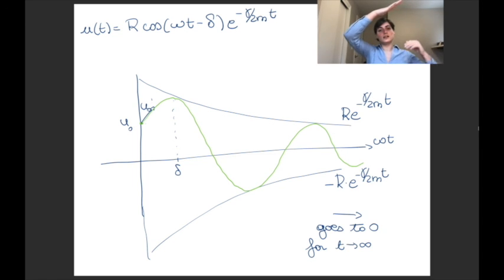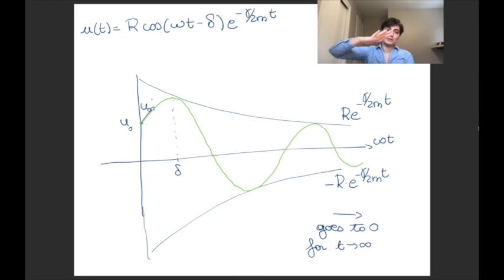This means that our oscillations are bounded between plus and minus r exponential of minus gamma divided by 2m multiplied by t. We can draw this, and between these curves we have the oscillations. So it tends to zero when time tends to infinity.